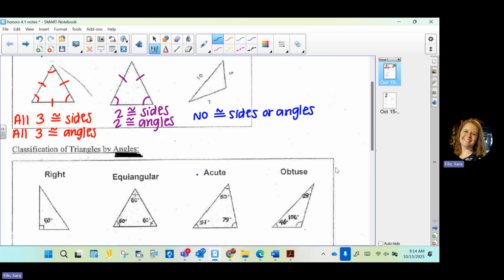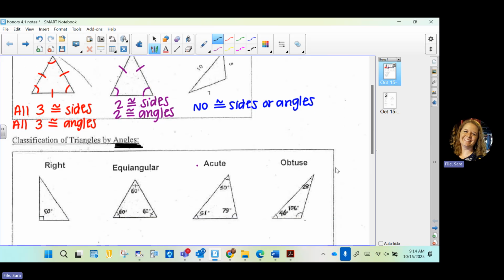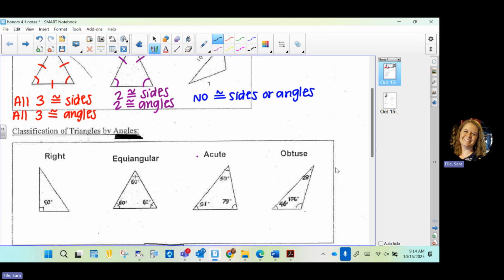So when we talk about right, acute, and obtuse triangles, okay, we're referring to acute means that all three angles are acute. Okay, so all acute angles.